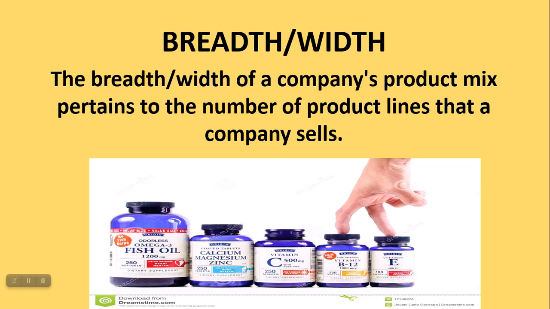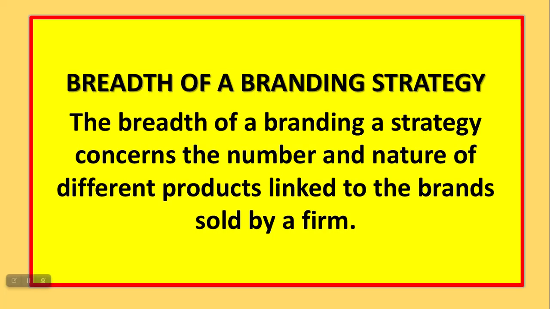So each one, if put side by side, it will create a breadth, and these are all categories, and in each category there are brands. For example, in soap there are different brands, and that is the length of the product, you can say.